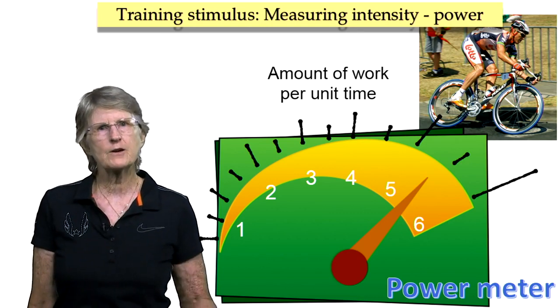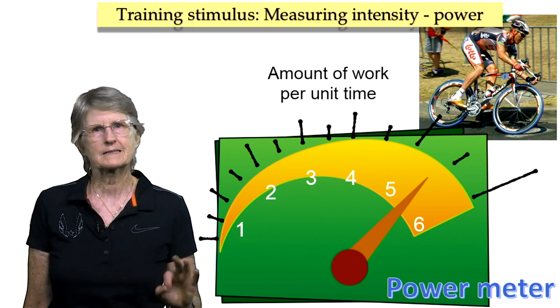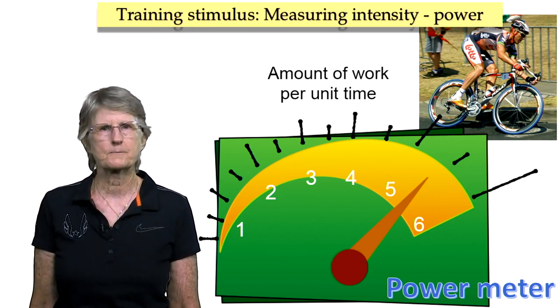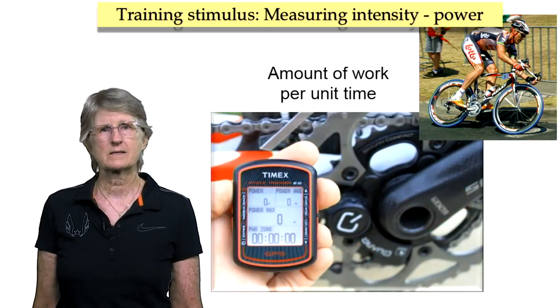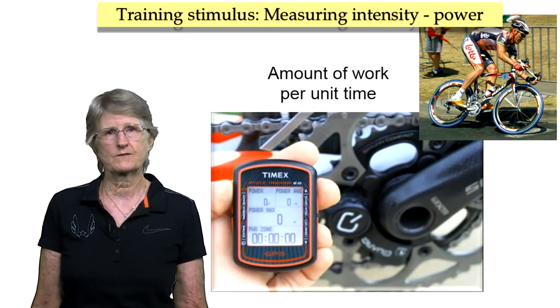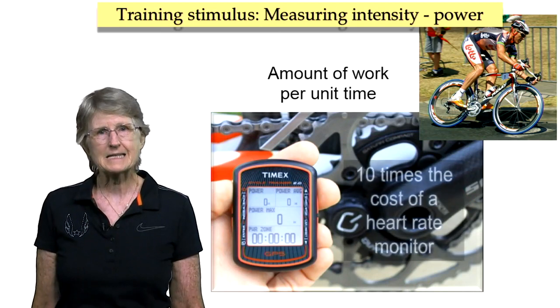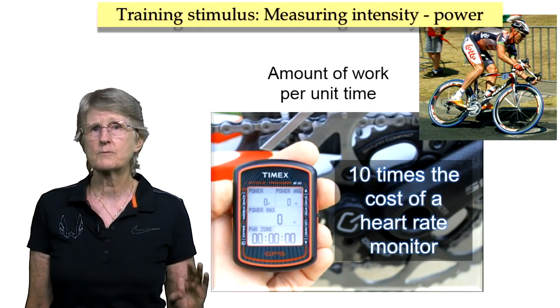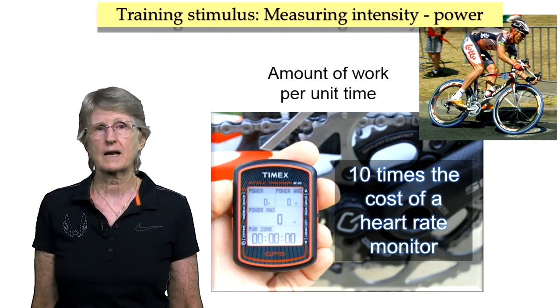It's a very reasonably accurate way to reflect intensity because environmental factors are minimized. Now, the downside is that it relies on expensive technology. The least expensive power meter for a bike, for example, is 10 times more expensive than a basic heart rate monitor.